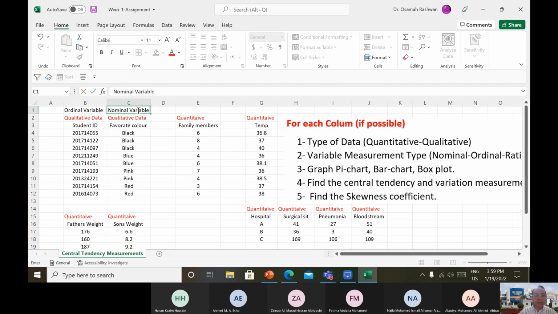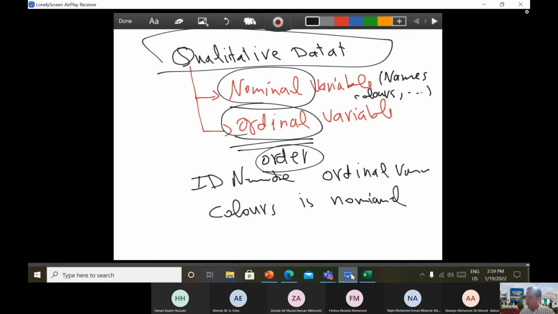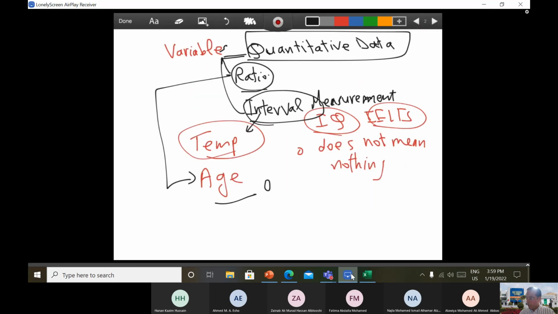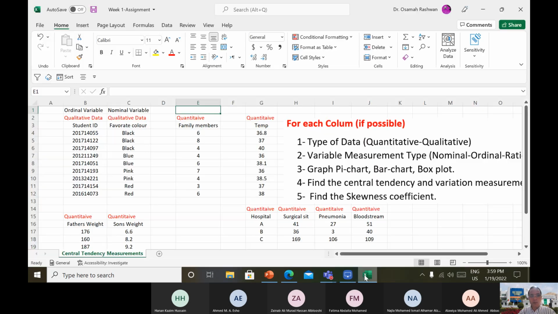Did you think about the next one? Family number? Yes, this is quantitative, right? So if I have quantitative, I have only ratio or interval, right? So is it ratio or interval? Family members number. Interval.